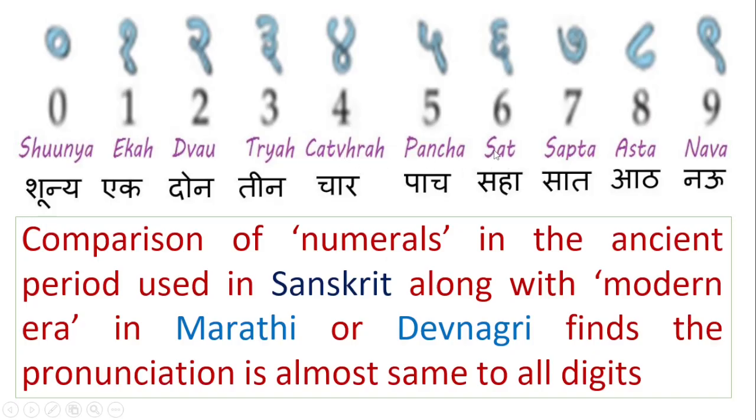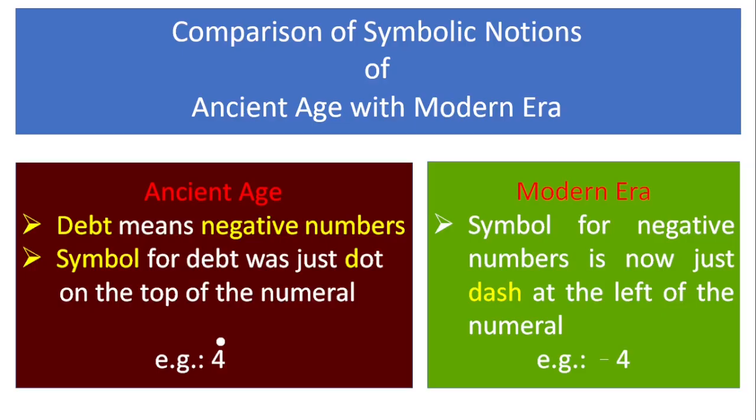This S is to be pronounced as sh, and this is sapta, wherein this S is to be pronounced as sa. So shat is saha, as we call it in Marathi. Sapta is sat, ashta. Again here S is to be pronounced as sh, which is 8, and nava, which is nine. So these are the digits in Sanskrit and their pronunciations.